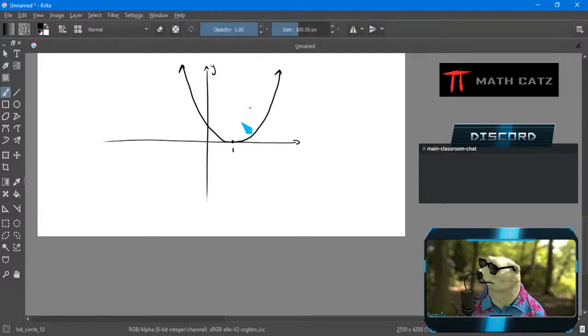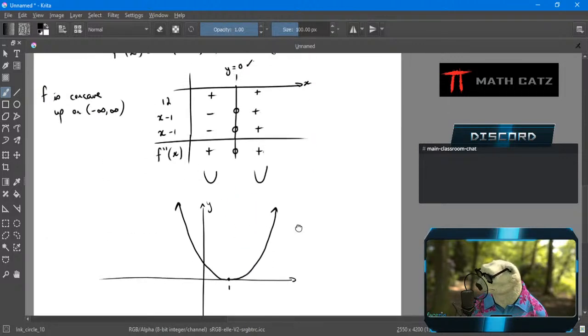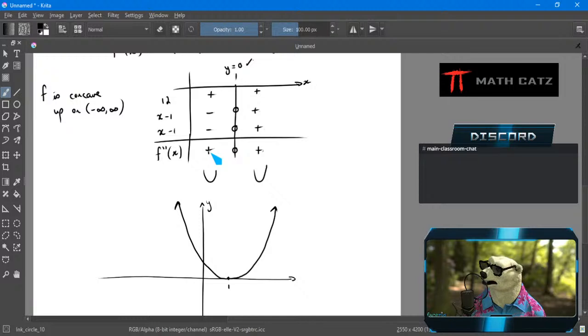So you see, it does actually make a full turn through 1. The left side is concave up and the right side is concave up, and they attach and make a full turn. For it to be an inflection point, I need the bend to actually change. So there is no inflection point.